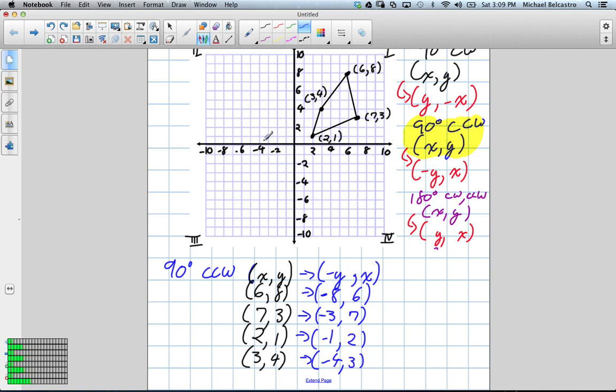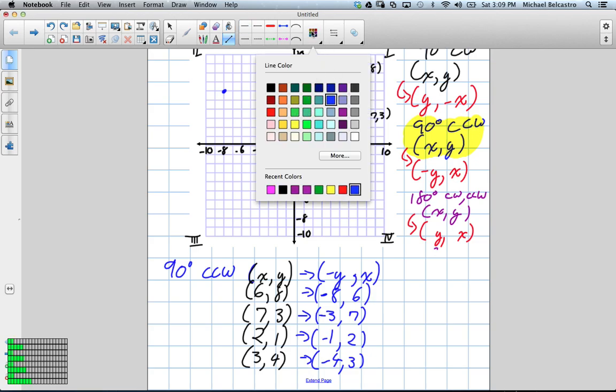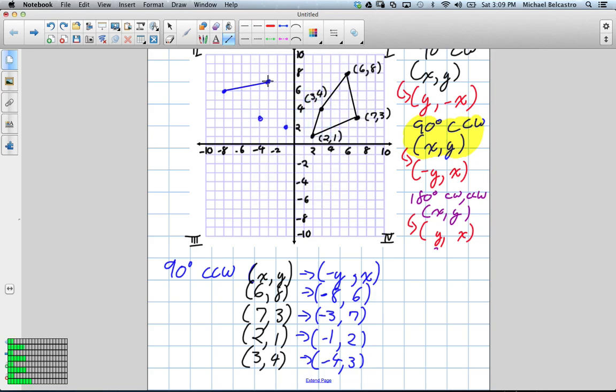So first one is negative 8 and 6. Negative 3 and 7. Negative 1 and 2. And negative 4 and 3, right? We'll draw our lines to this guy. And it looks like we got, yeah, we got that same shape.